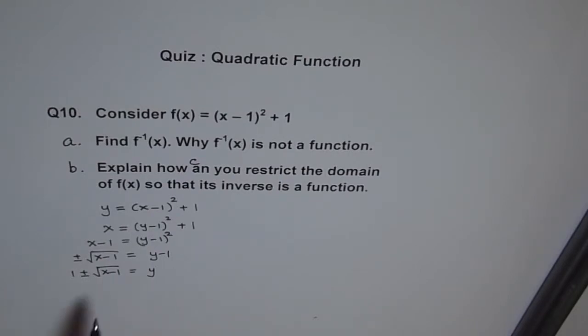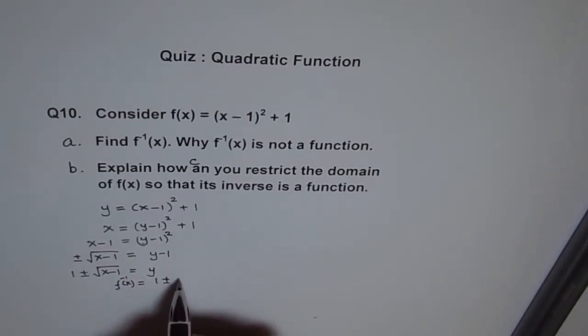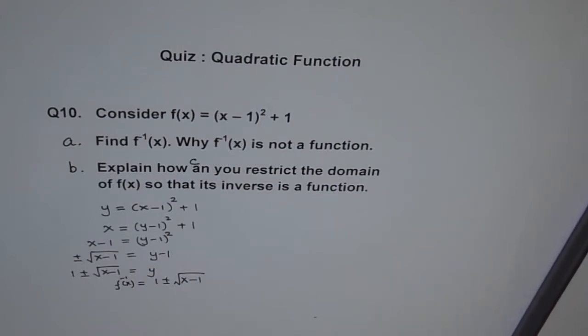Now I can write from here what is f inverse x. So this is f inverse x, right? So f inverse x is equal to 1 plus or minus the square root of x minus 1. So that is f inverse x. So is it a function?